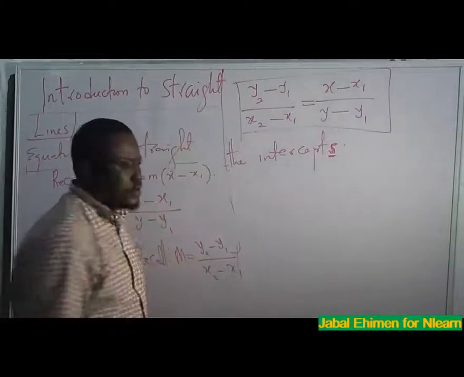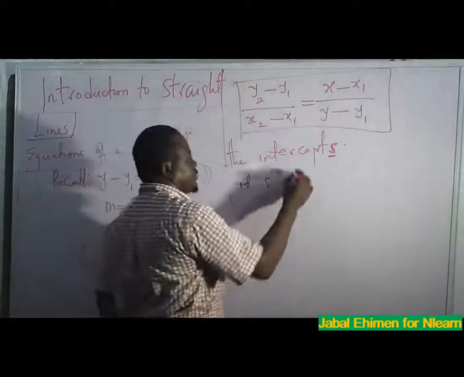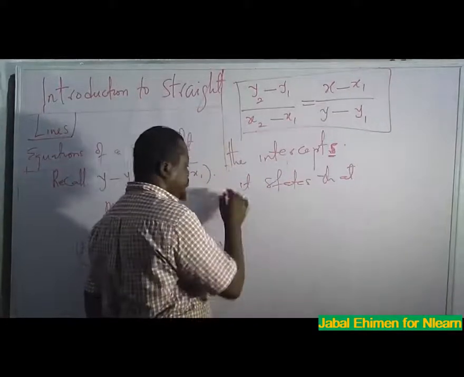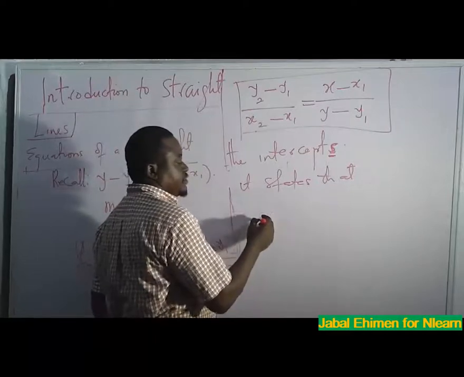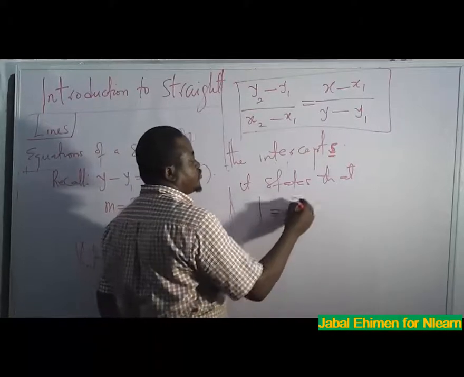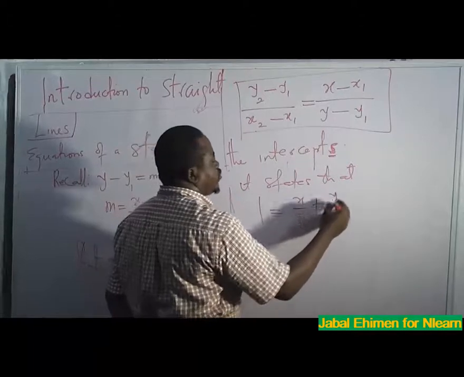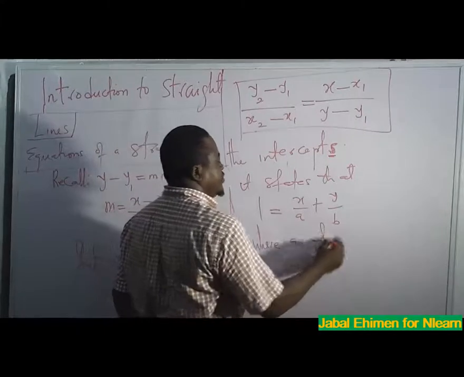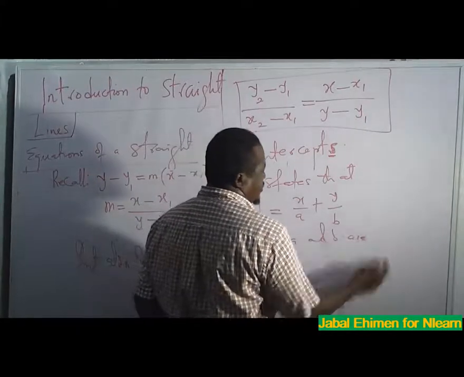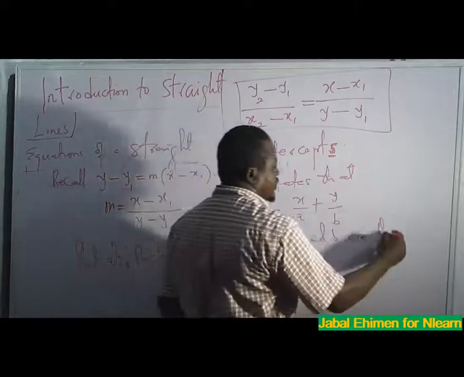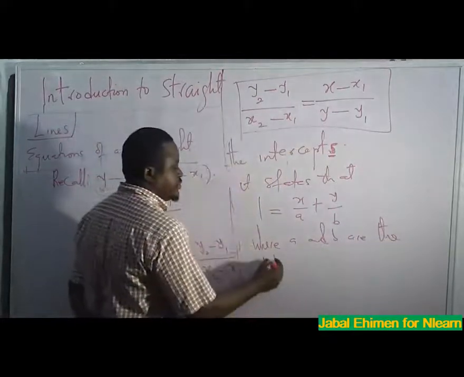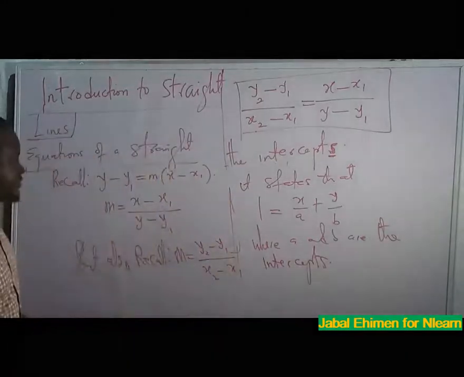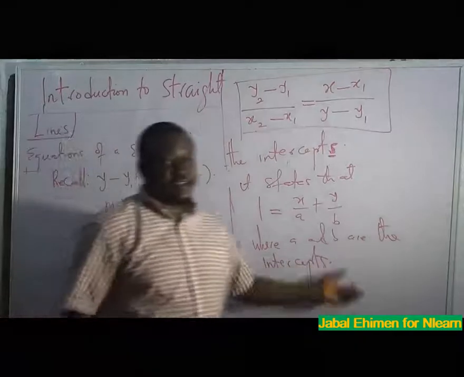The intercepts form states that 1 is equal to x over a plus y over b, where a and b are the intercepts. So always remember that you have things like this that are the intercepts.